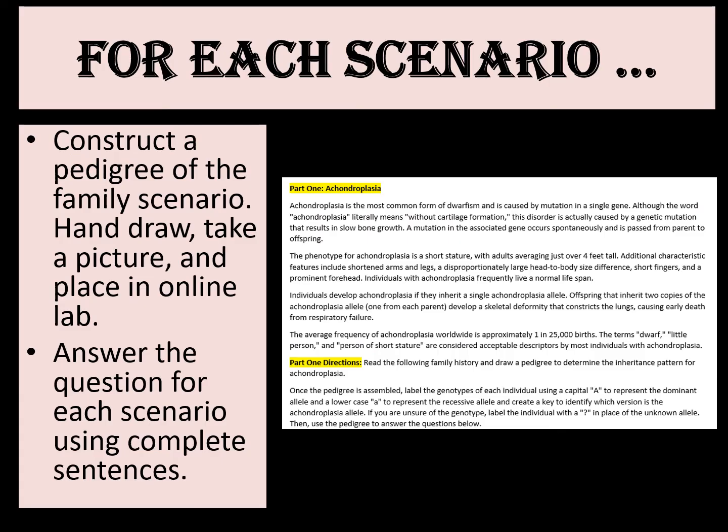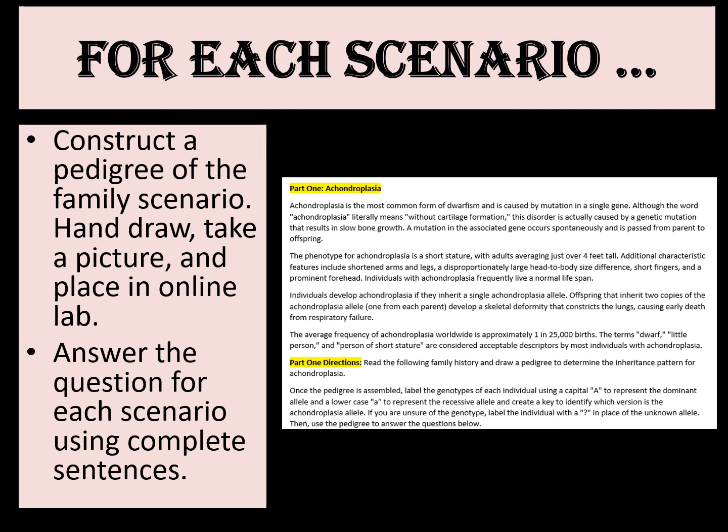Two scenarios will be presented to you. For each of the scenarios, you need to construct a pedigree of that family and their situation. Make sure you follow the rules that we just learned about in the previous slides of this PowerPoint. So biological males are square, biological females are circle, connect them together, drop a line down if they have offspring.